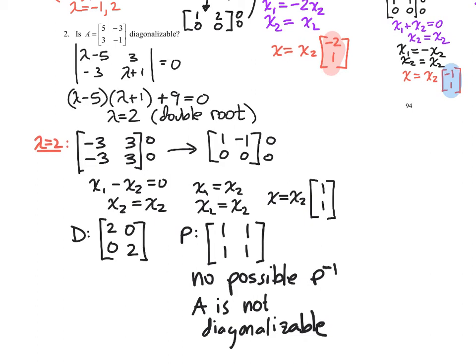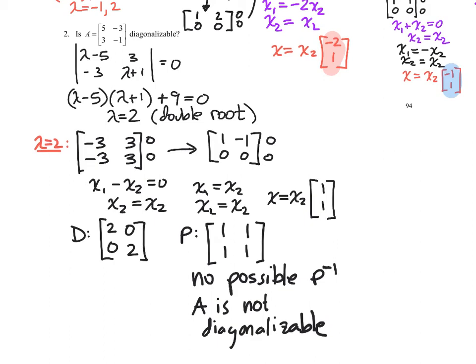If I had a cubic polynomial eigenvalue equation, and it ended up being a triple root of lambda equals 3, that does not mean that we have 3 eigenvalues. It means that we have 1 eigenvalue that's been replicated a total of 3 times.